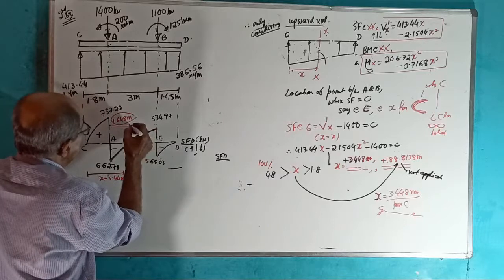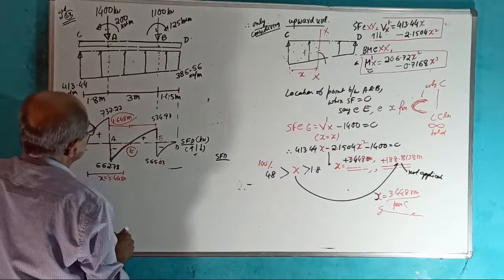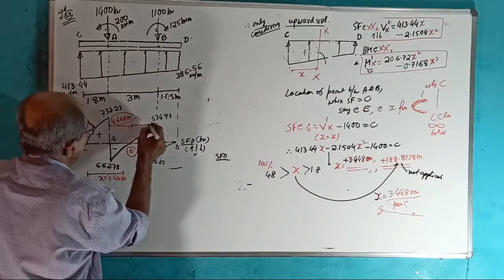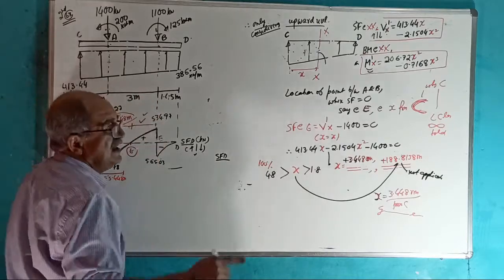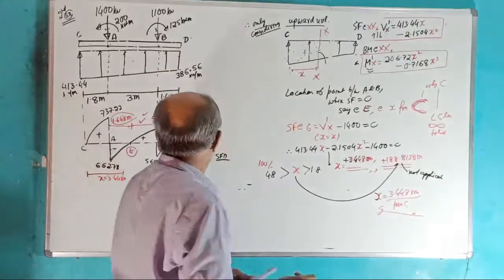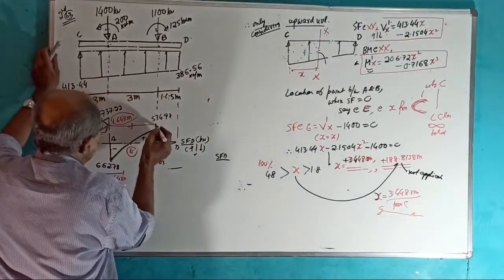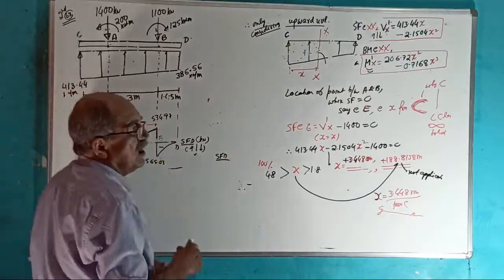If you want, you can get it from here also. Who will give the answer? Never mind, do it yourselves. If you want, do this: from 3 subtract, get the distance. It is required for RCC.